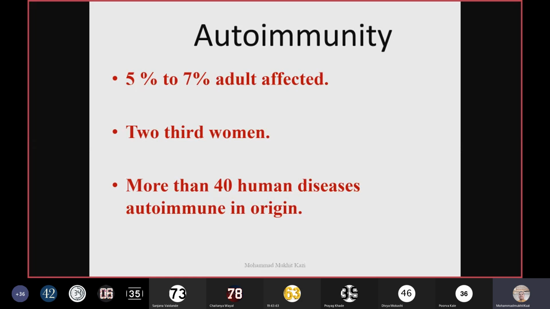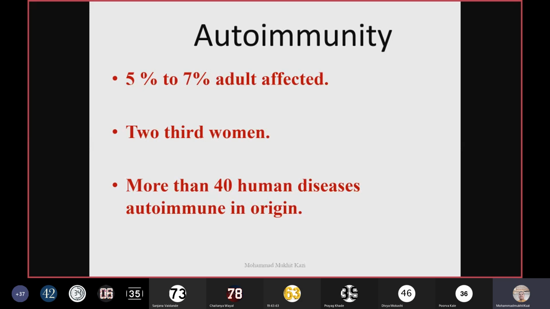What does it mean? The antibodies produced by your immune response, or the cells of the immune response, do not recognize self from non-self and start killing our own cells, and that turns the host into an autoimmune disease.